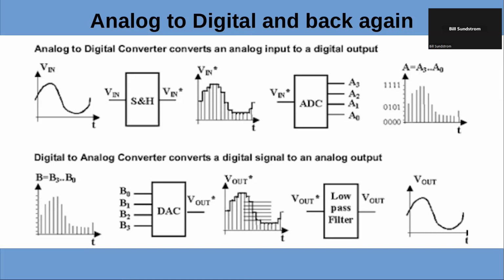And then taking that binary representation of that analog sample, because we're going to sample this at a very high frequency, you can do software manipulations and implement filters and all sorts of things in software or firmware.